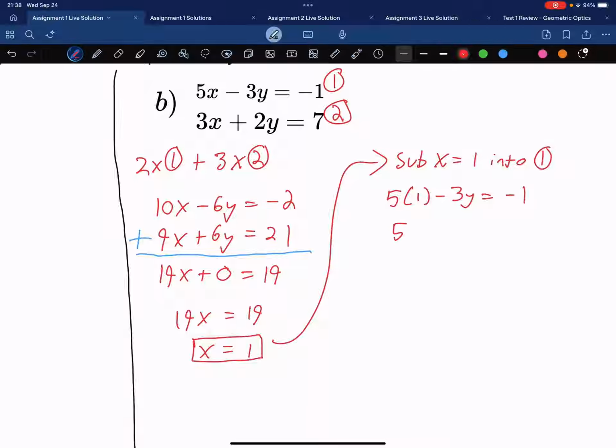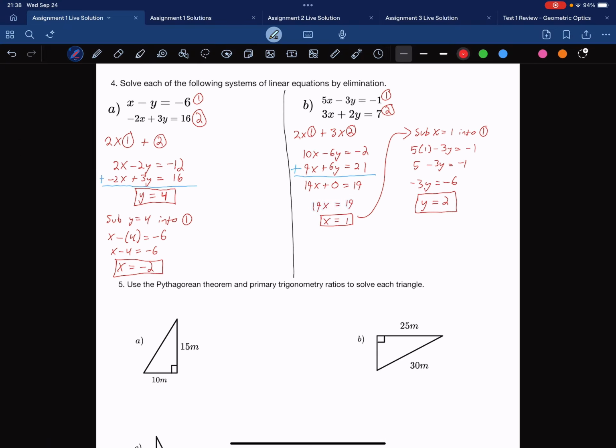So that's going to give me 5 minus 3y equals negative 1. I'm going to subtract 5 from both sides. So negative 3y equals negative 6, because I'm subtracting. And I'm going to divide both sides by negative 3. Y will be positive 2. So that is question 4 done using elimination.